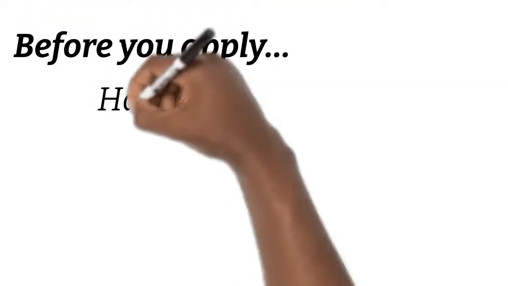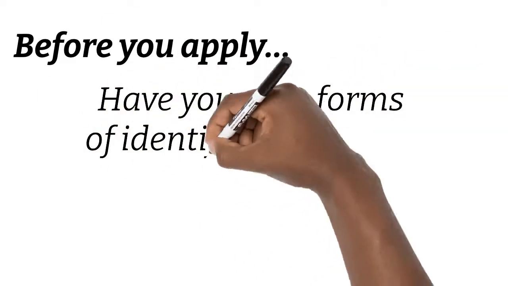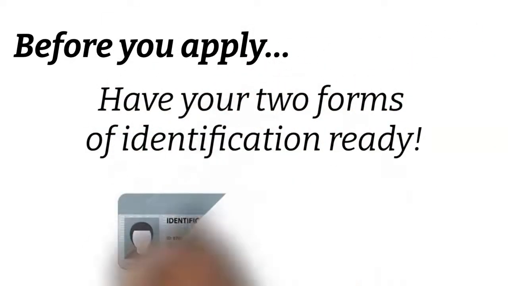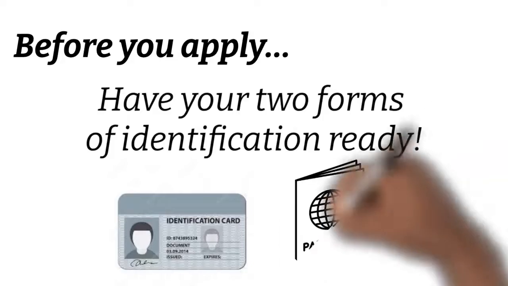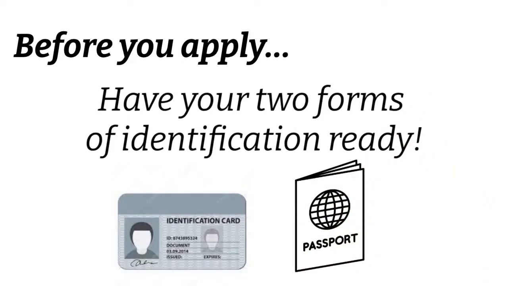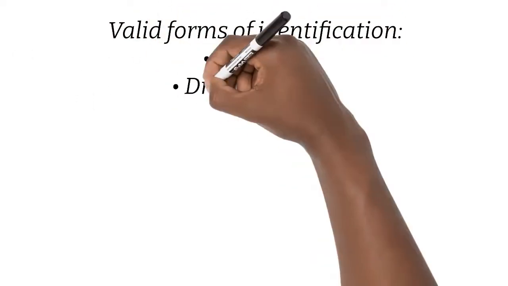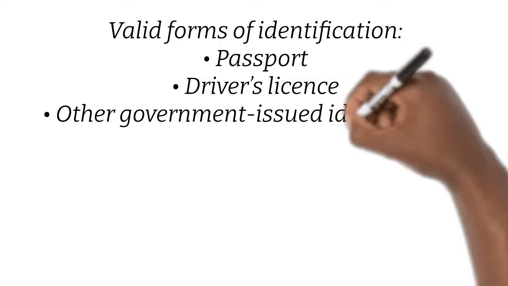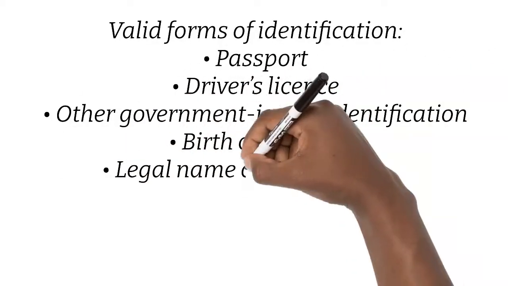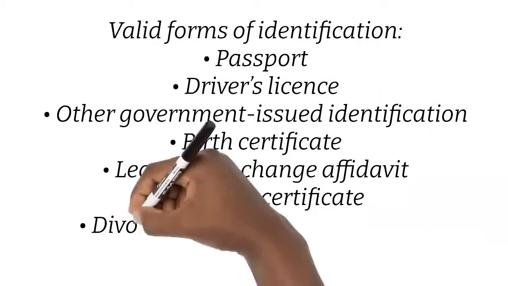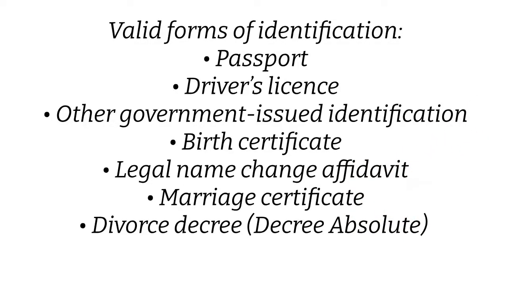But wait. Before you actually apply, make sure you have your 2 forms of identification ready, as you will need to upload this identification at the time you're submitting your application. This way, you avoid any delay in your application. Now, your 2 forms of identification can be a passport, driver's license, government issued identification, birth certificate, legal name change affidavit, marriage certificate, or divorce decree.